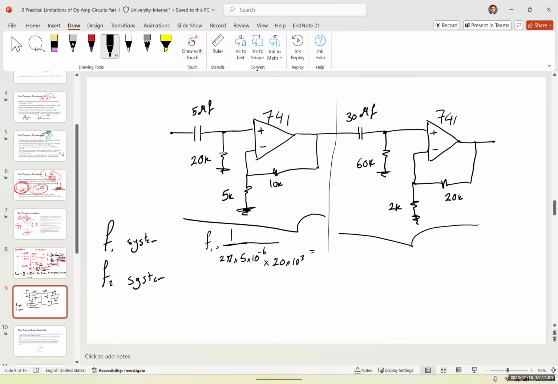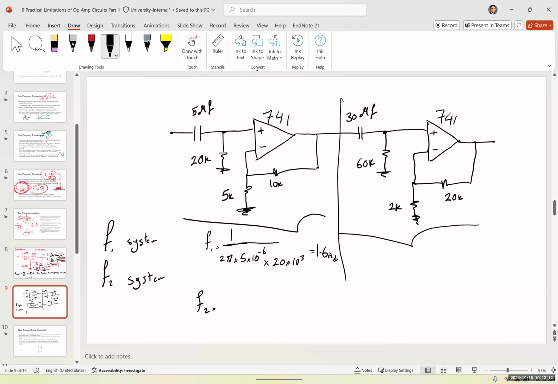So what was F1 for the first one? 1.6 hertz. All have the same number.